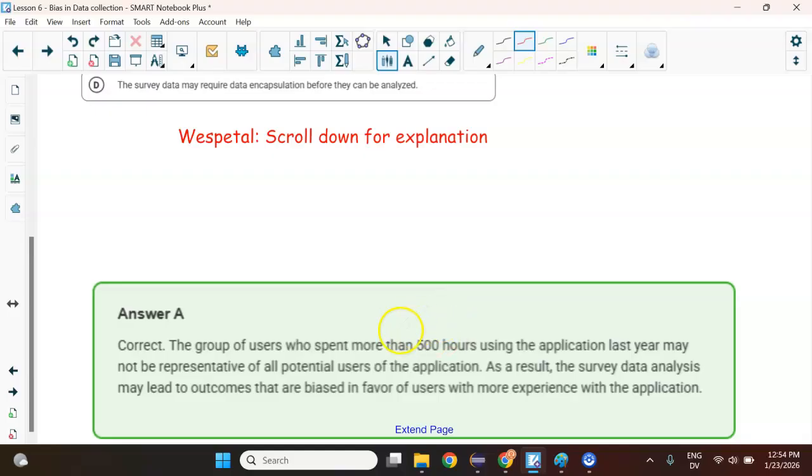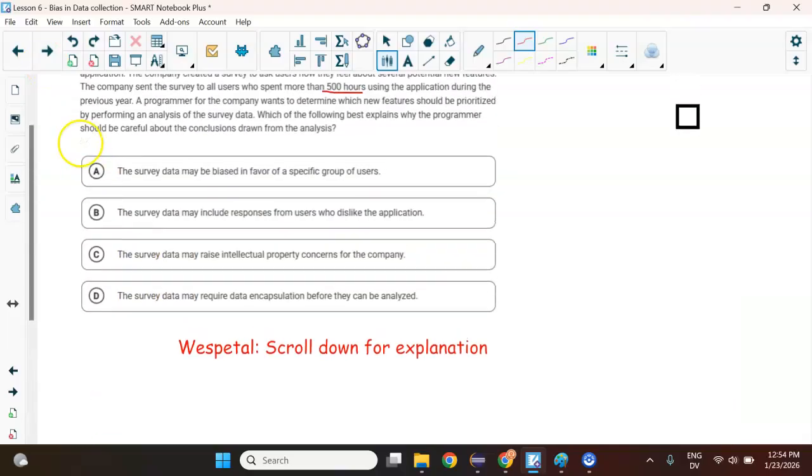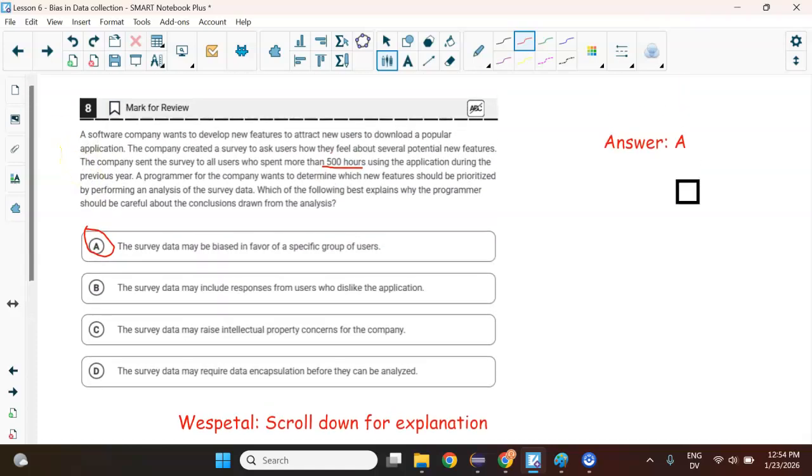It's like your power users, your people that use it a lot, but that's not everybody. Some people use it less. Think of TikTok: some people use it a lot, but certain people use it more sporadically, and you'd want to get their opinions too, not just the people that use it a lot. All right, so the best answer there is A. You could have some bias in there. You've got to be careful when thinking about making a program like this.